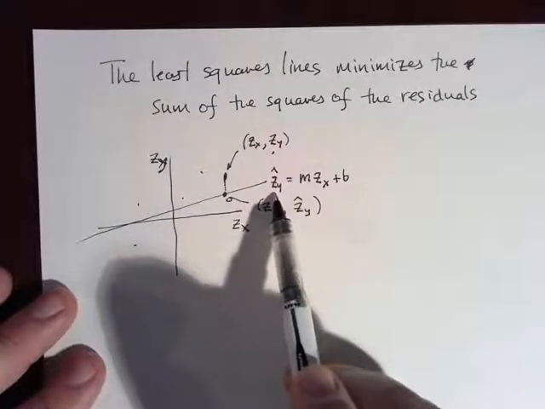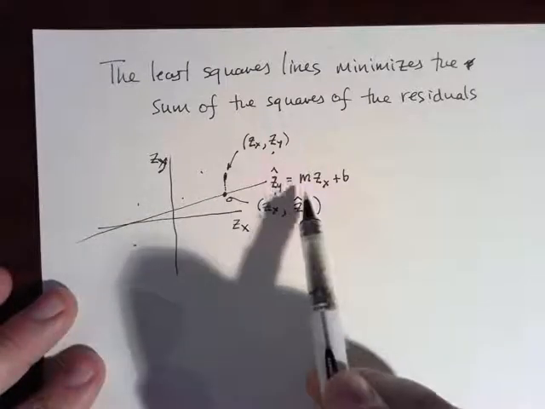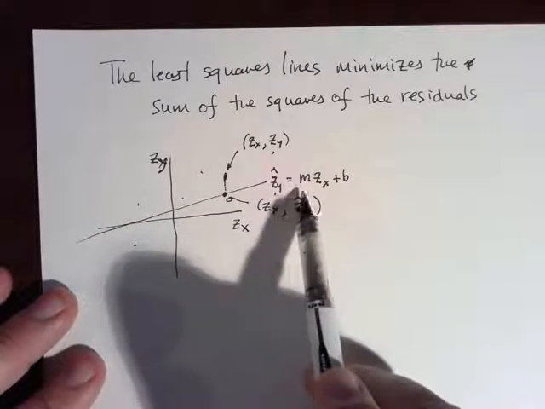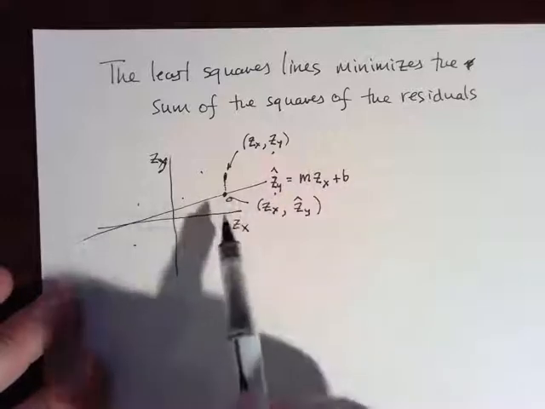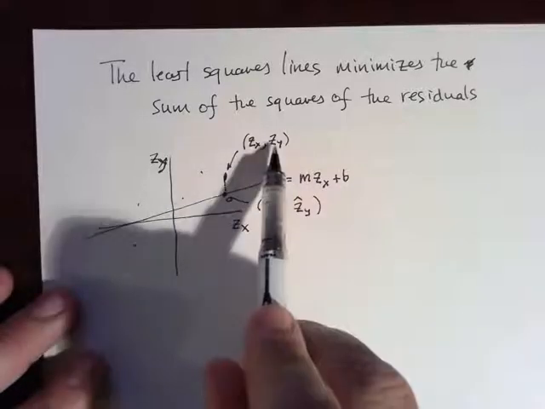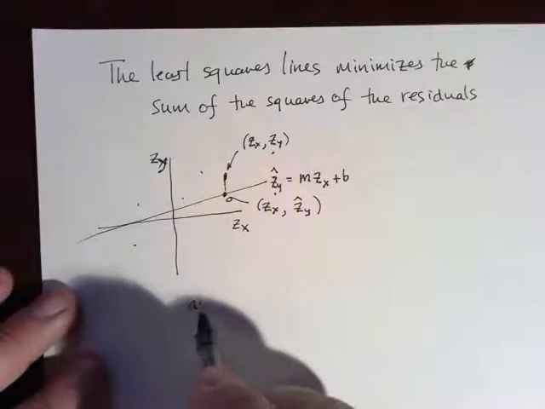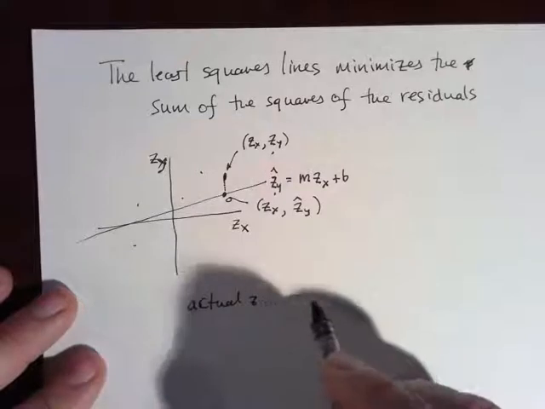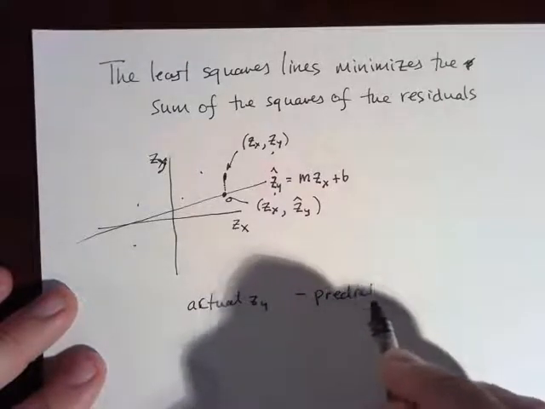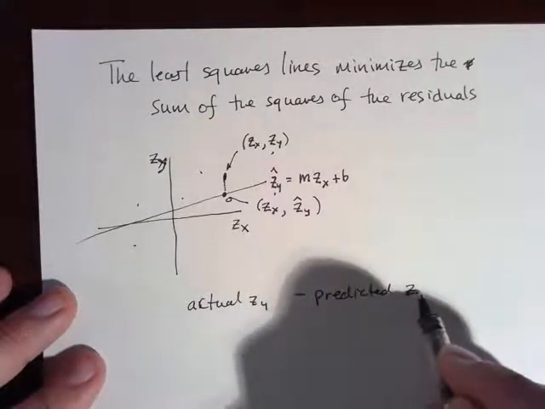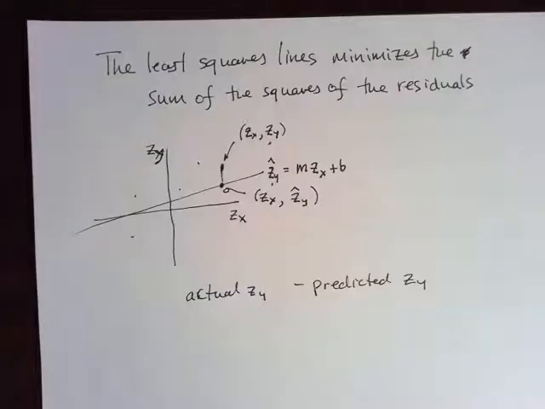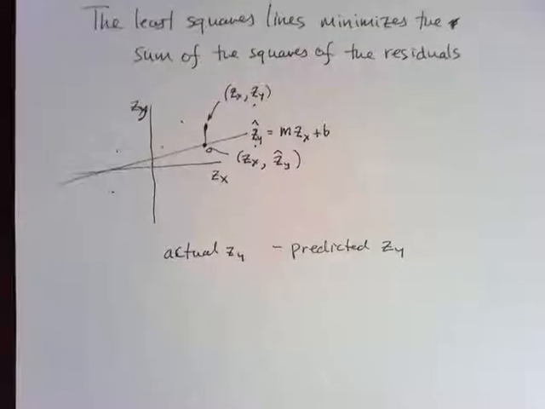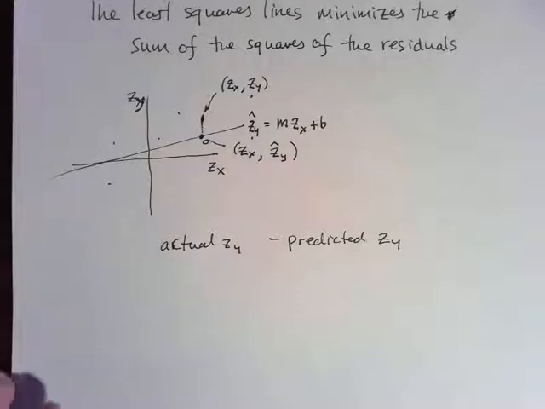I have a predicted zy based on this line, and we're going to write the equations of our lines as mx plus b. And so the difference between an actual zy and a predicted zy is what's known as a residual.